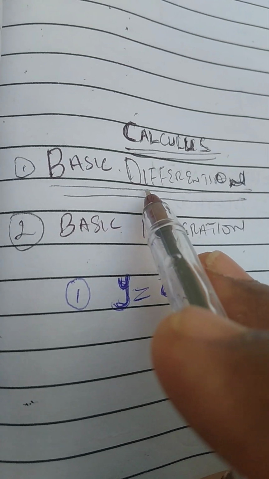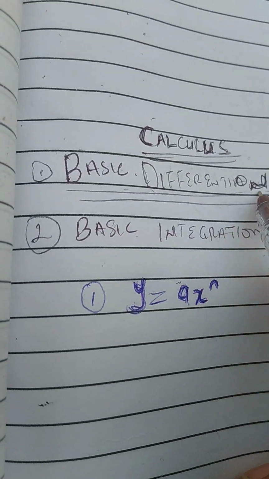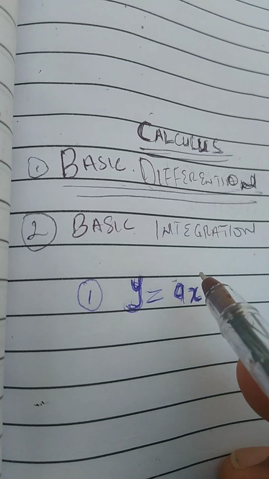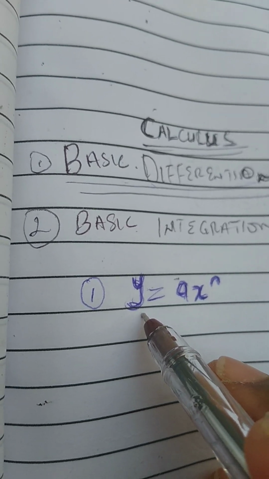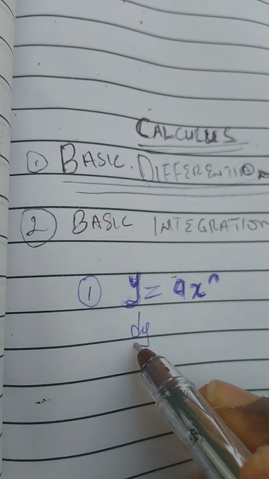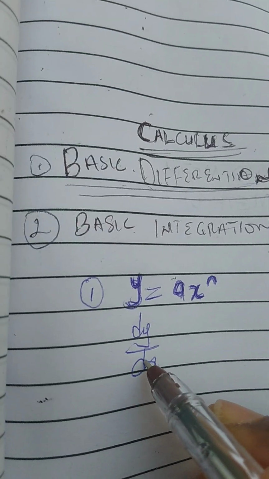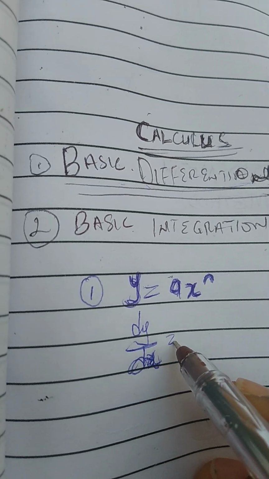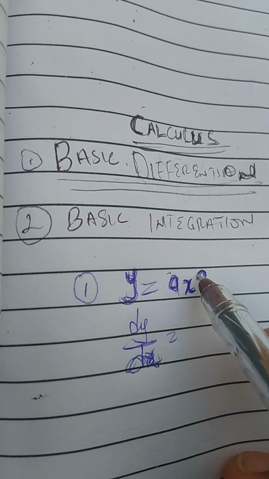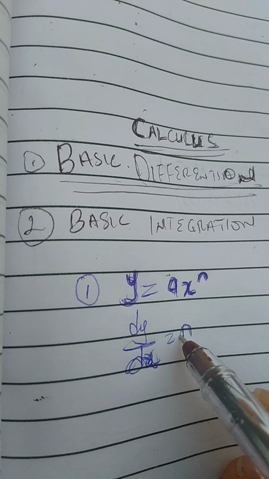That is what differentiation is all about. Now, we say, according to the first principle, dy/dx, that is the rate of change in quantity y with respect to quantity x, is this. Use the power to multiply everything.